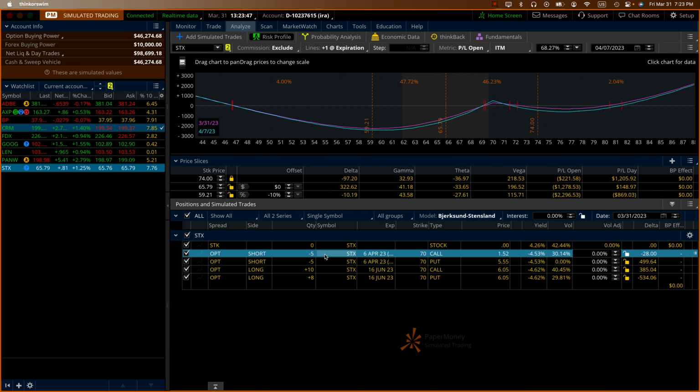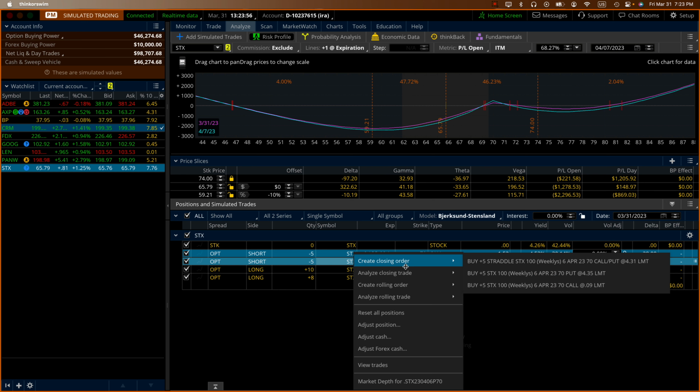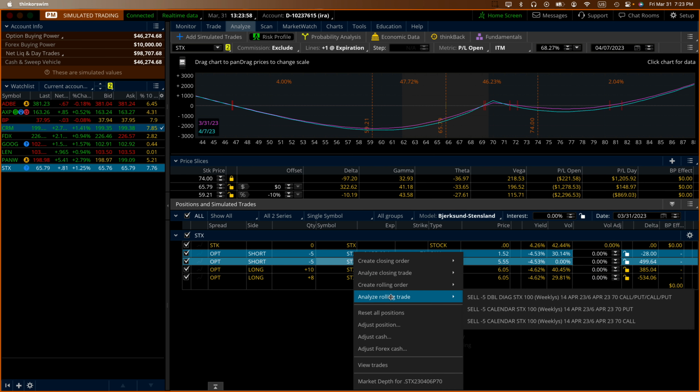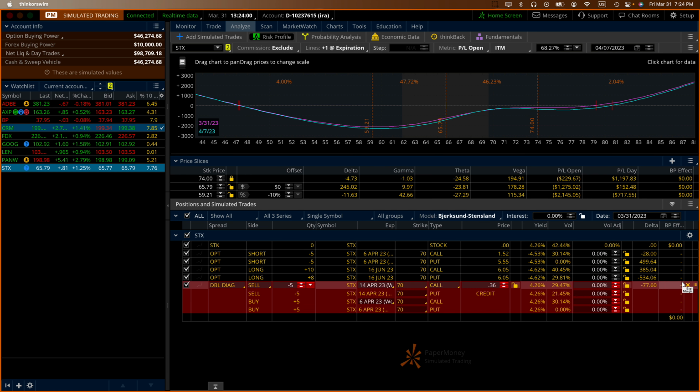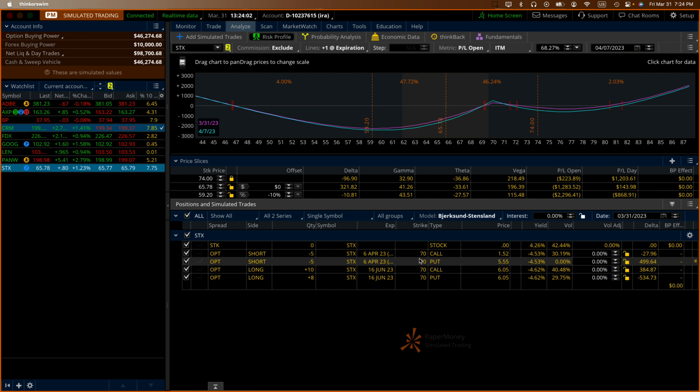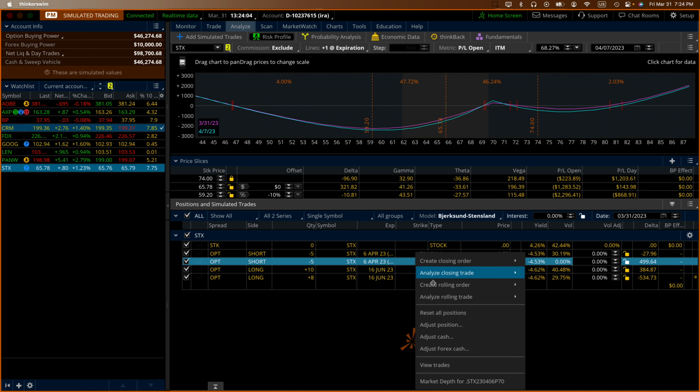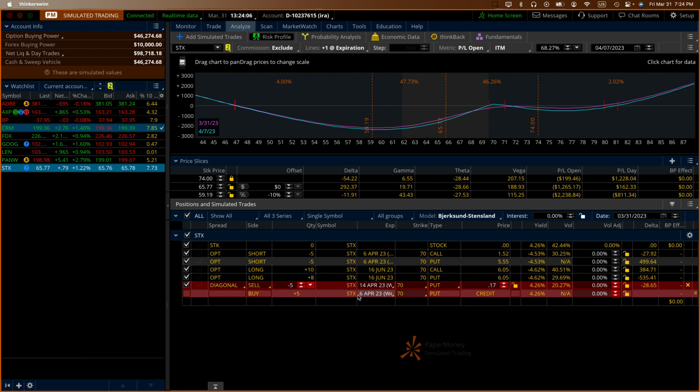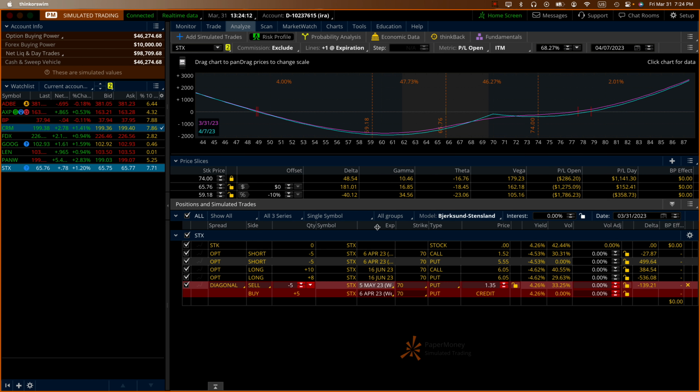So right now, all I want to do is do a rollover. So do the put. It is far away from the call, so I'm not worried about the call. Let's do the puts only. Analyze rolling, and then next week, that will be the two of them. So let's select only analyze rolling, only the put side. So we're going to go a week from now, that will be May 5th, and then we'll get $1.35.